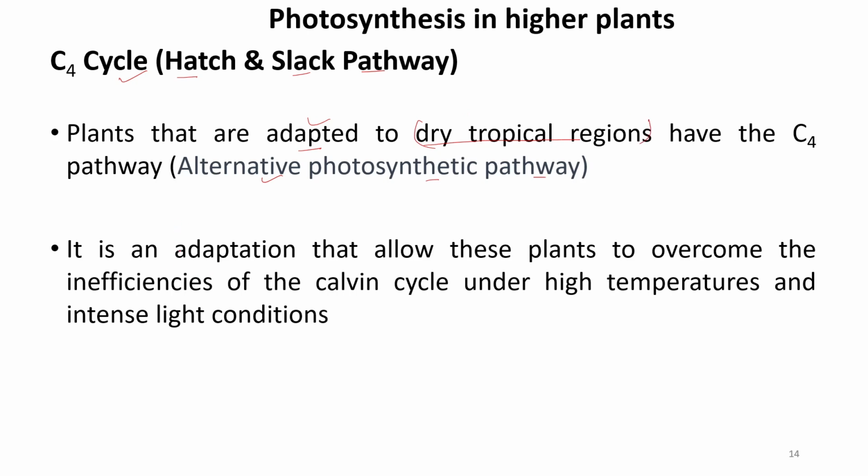So we can also say that the C4 pathway is an adaptation that allows these plants to overcome the inefficiencies of the Calvin cycle under high temperature and intense light conditions.